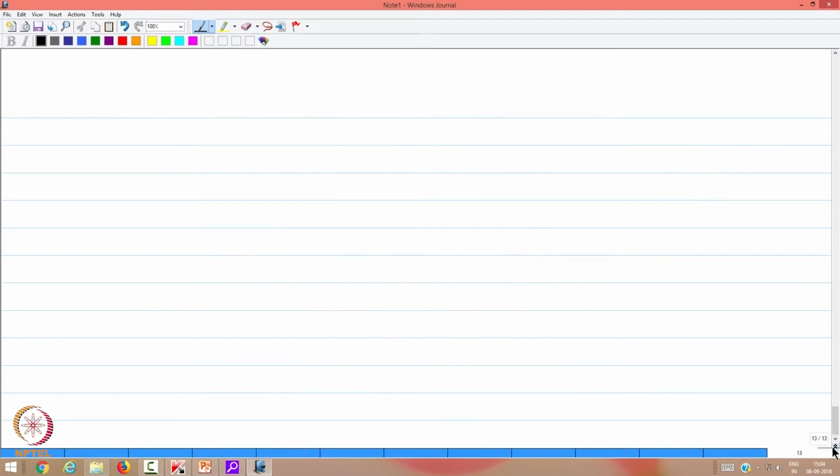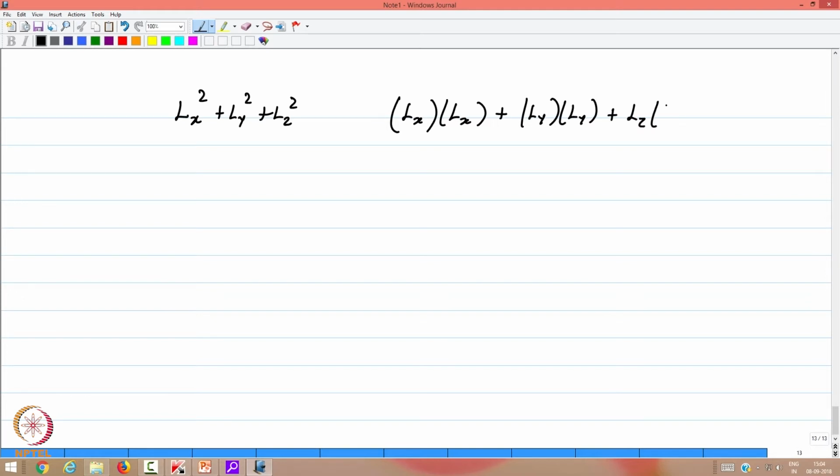Therefore, to do L square, you do exactly what was done in the lecture notes again: Lx square plus Ly square plus Lz square as repeated application of Lx on Lx plus Ly on Ly plus Lz on Lz.